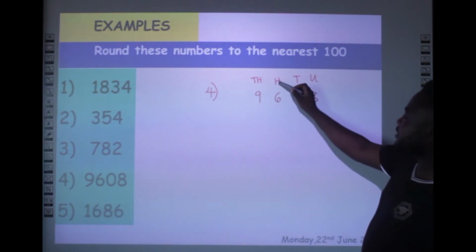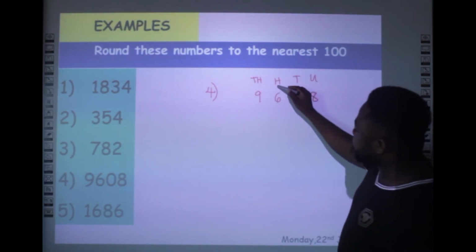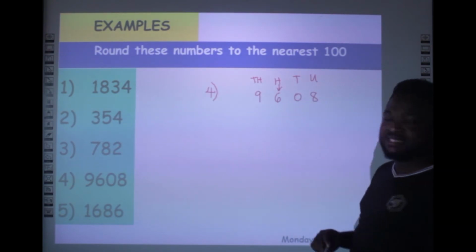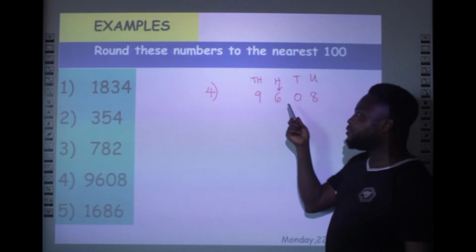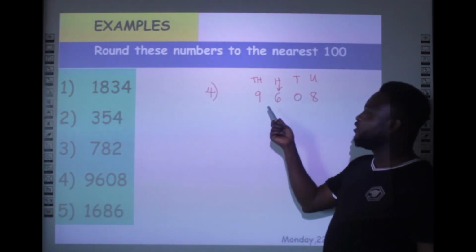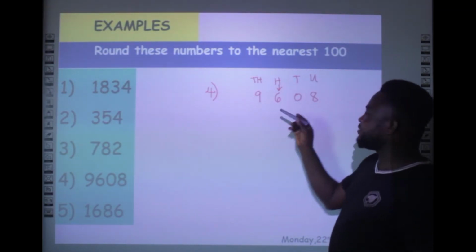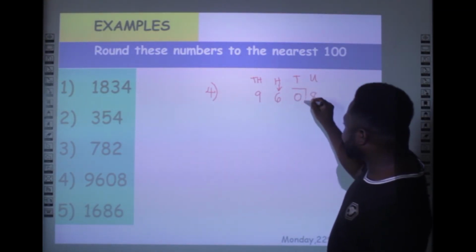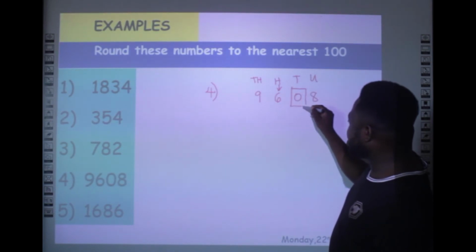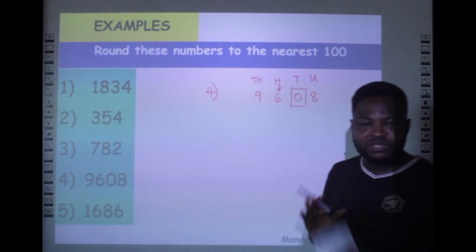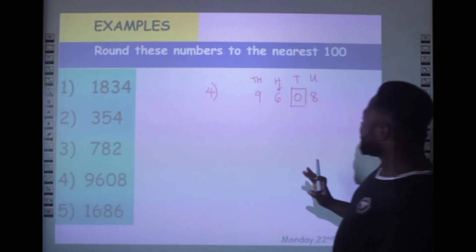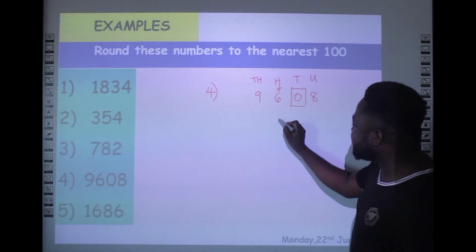Where do you have 100 here? This is it. So this is going to give us our target digit. Since we've been able to identify our target digit, look to the right of the target digit, and that is what? 0. 0 is not up to 5, so you allow it to rest. Okay? So now you drop down 6 the way it is.